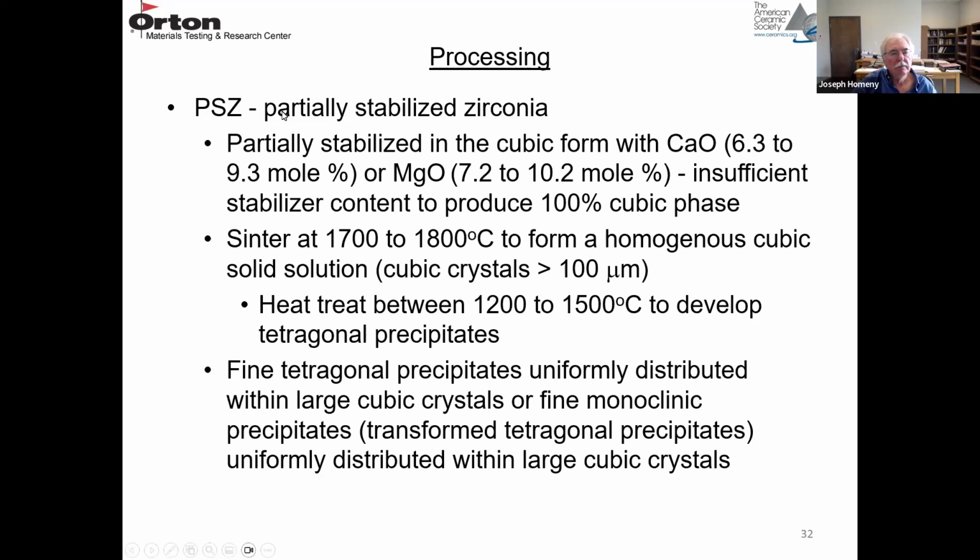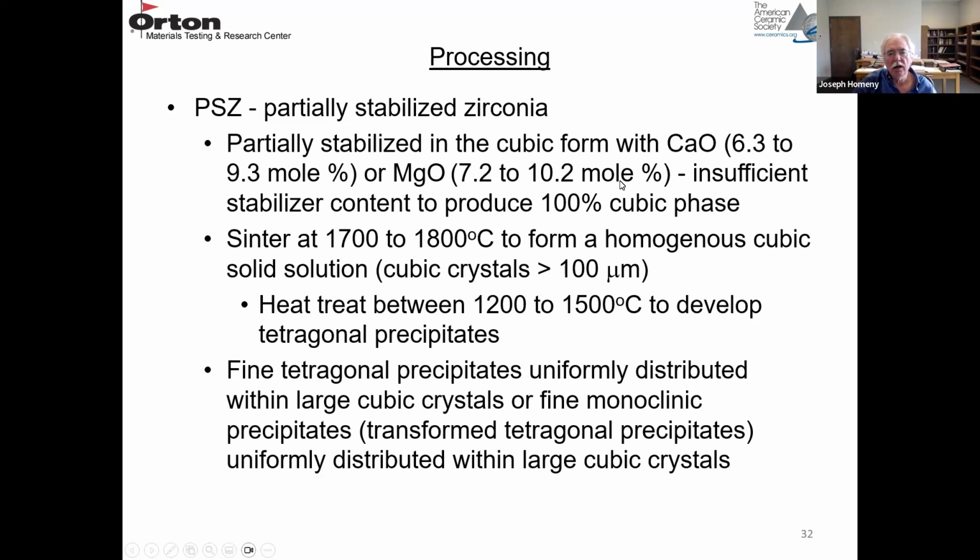And PSZ, the partially stabilized zirconia, you're going to partially stabilize the cubic form. Now you're going to add lime to about 6.3 to 9.3 mole percent, or MgO 7.2 to 10.2 mole percent.